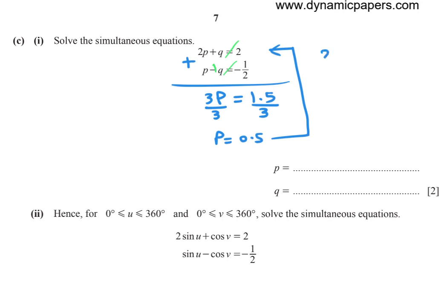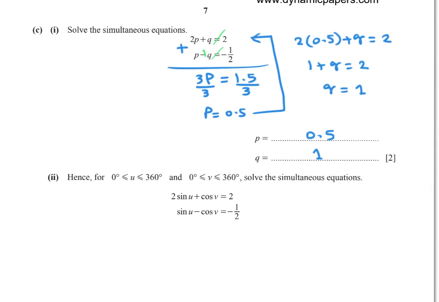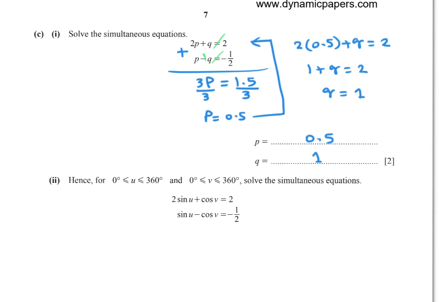Now you can substitute to find q. 2p means 2 times 0.5, plus q equals 2. This means 1 plus q equals 2, so q equals 1. So p equals 0.5 and q equals 1. Now c, ii.